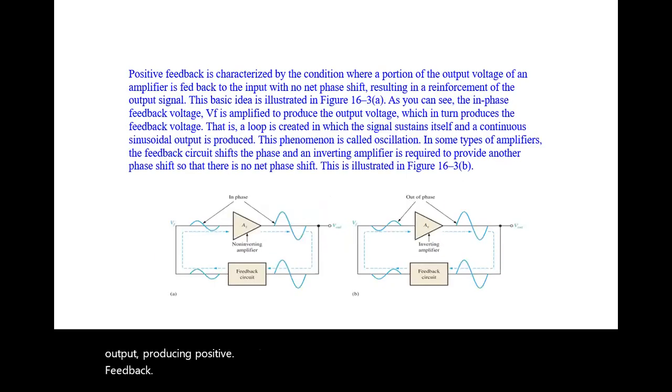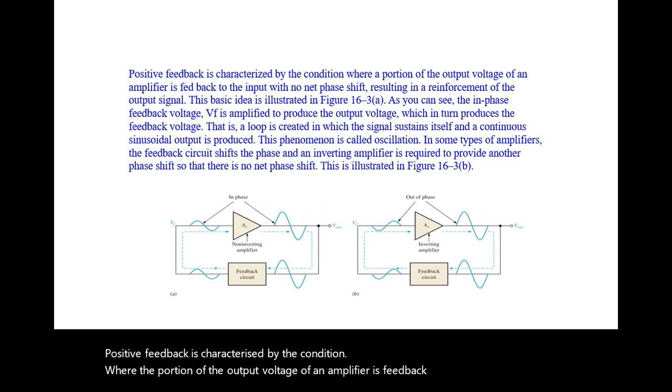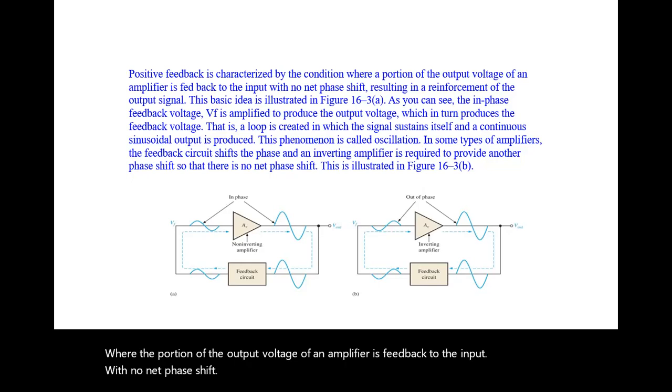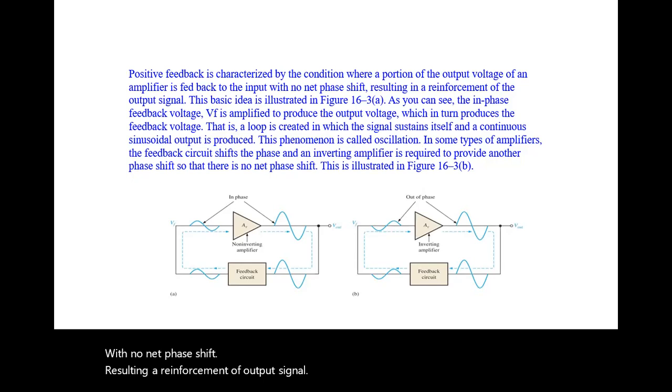Positive feedback is characterized by the condition where a portion of the output voltage of an amplifier is fed back to the input with no net phase shift, resulting in a reinforcement of the output signal. The basic idea is illustrated in the figure below.